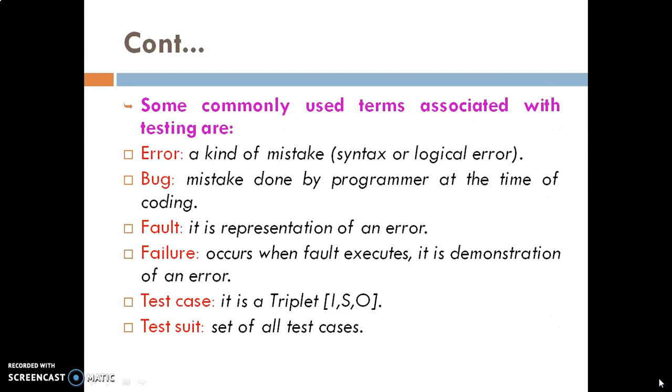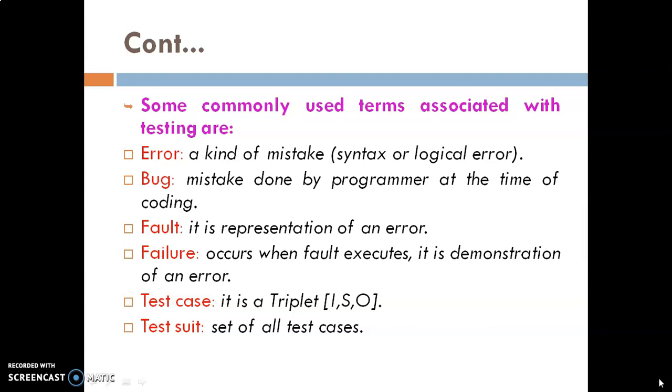Here are some commonly used terms associated with testing. First is error. It is a kind of mistake, a syntax or logical error. Second is bug. Bug means a mistake made by the programmer at the time of coding. Next is fault. It is a representation of an error.